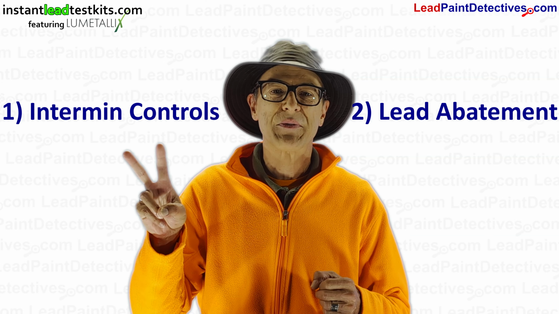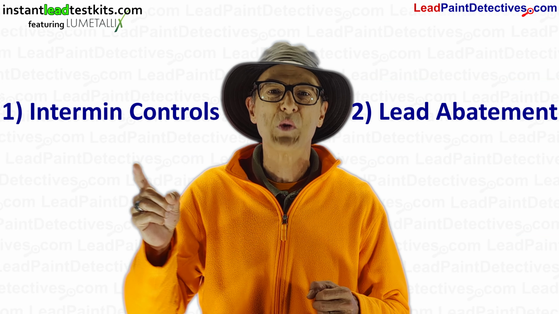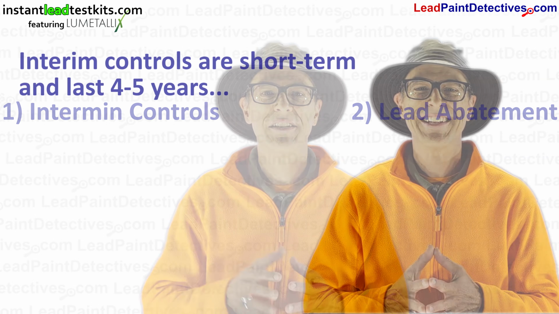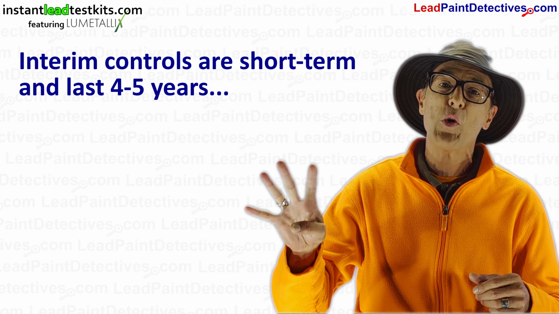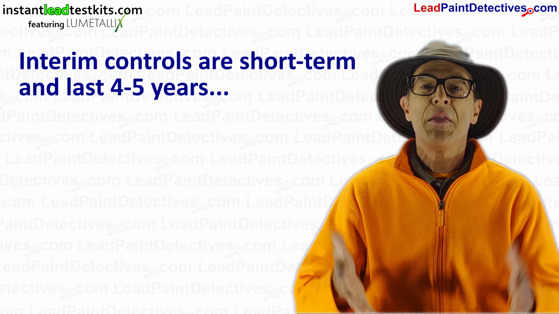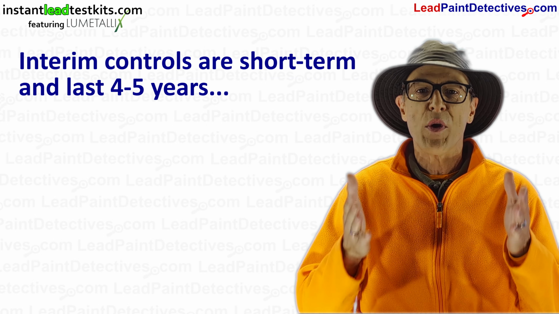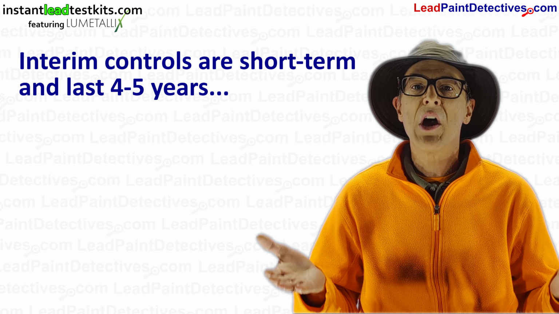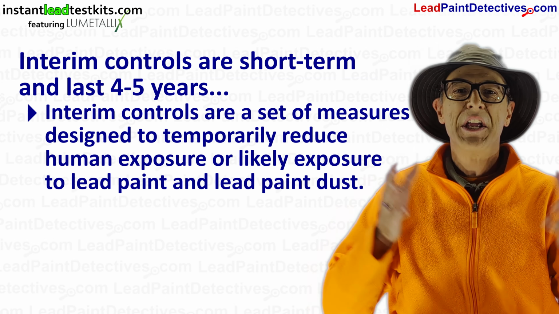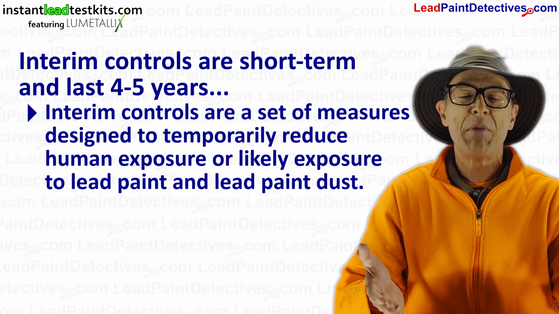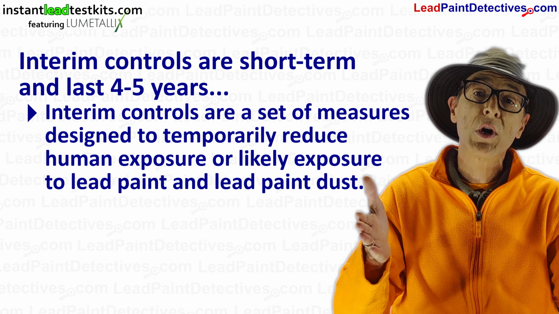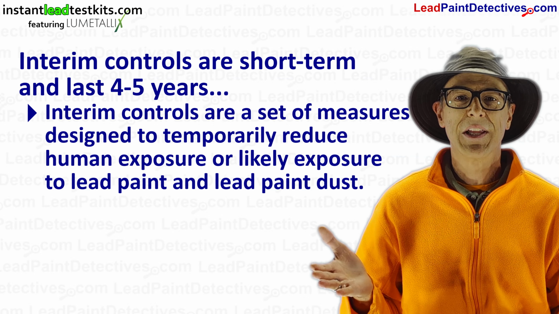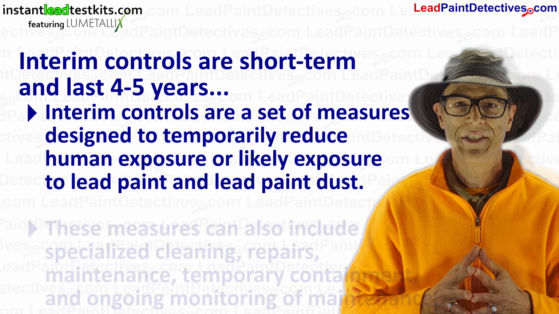There are two types of control methods, interim controls and lead abatement. Interim controls are short-term and last 4 to 5 years. They are typically completed with sealer paint before a reinspection. Interim controls are a set of measures to temporarily reduce human exposure or likely exposure to lead paint and lead paint dust.